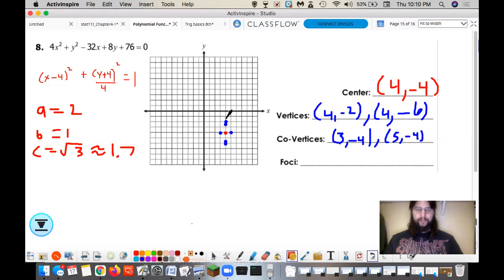This is, yeah, I've done it all the time now. Oops. Oh, that's fine. So yeah, this is at 4, and it's gonna be 1.3-ish, 2.3. If this is 1.7, going up 1.7, you're going to subtract.